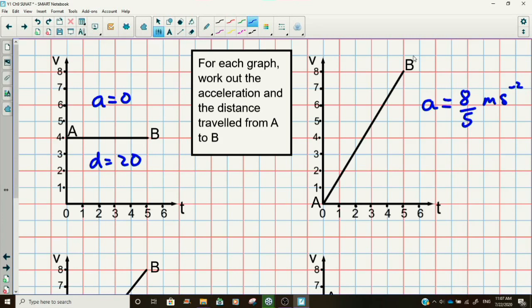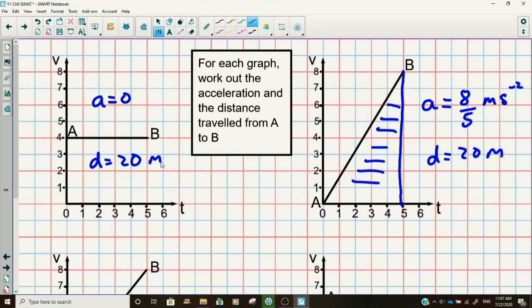Okay, so we just need this area. So area of a triangle, half base times height. So the distance is going to be a half times 5 times 8, which leads to 20 meters. Okay, I can put meters there as well.